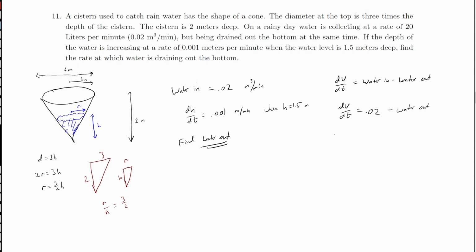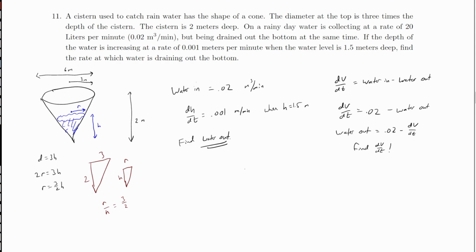So doing a little algebra, water out is 0.02 minus dV/dt. So if I can find dV/dt, then I'll have the answer to my question.